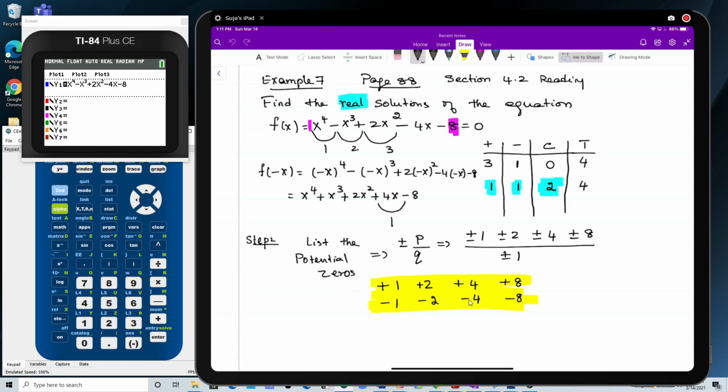Because the zeros are spread positive and negative, I'm going to keep the standard viewing window at negative 10 to 10, since the zeros are at most 8 and at least negative 8. So 10 to 10 would be fine, and this is also going to be negative 10 to 10. Now I'm going to hit graph.